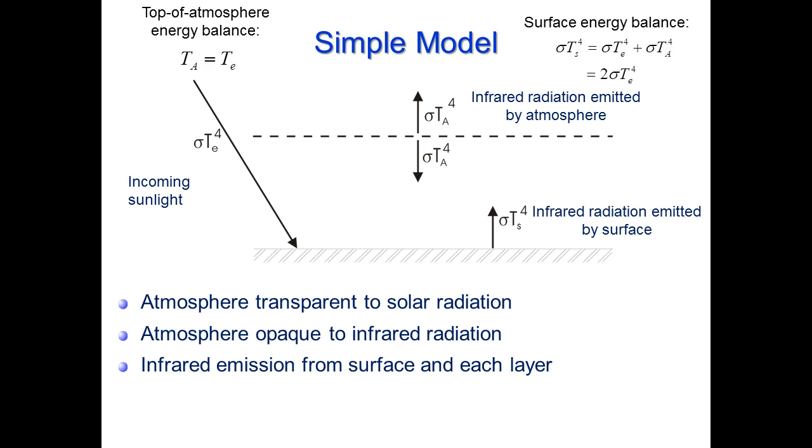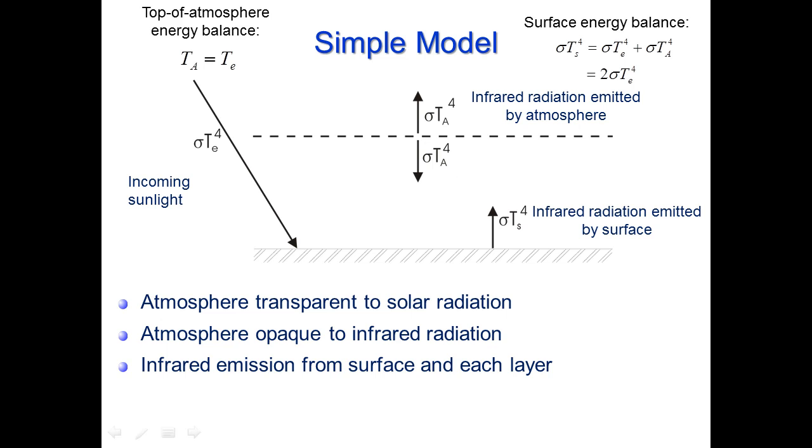What about the surface? Well, let's look at the energy balance of the surface. It's emitting infrared radiation at sigma T_S to the fourth. It's receiving energy from two sources. First of all is sunlight, sigma T_E to the fourth. Secondly, back radiation from the atmosphere at the rate sigma T_A to the fourth.